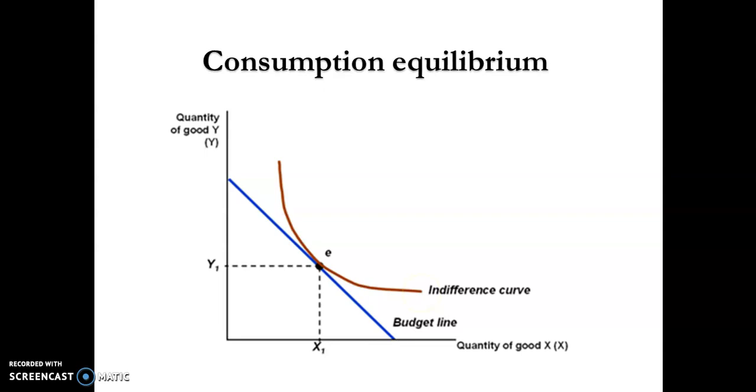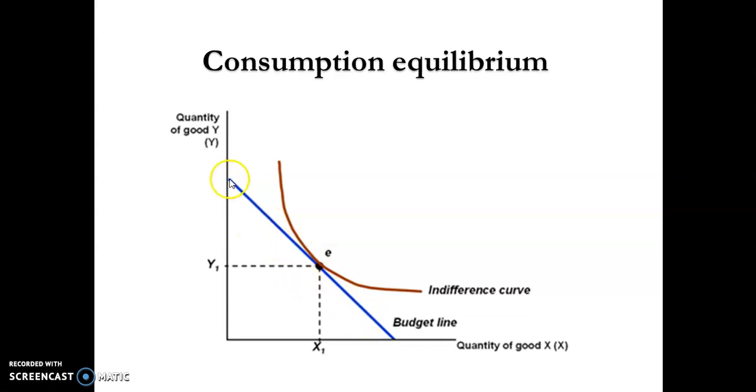So I've already mentioned that the slope of the indifference curve is steeper or more negative closer to the vertical axis, and it becomes less negative as we move down along the curve. So the marginal rate of substitution becomes less negative, becomes closer to zero, and the MRS falls or diminishes along the curve. Now your budget line or budget constraint is a straight line function, and again it is downward sloping, so that tells us that the slope must be negative.